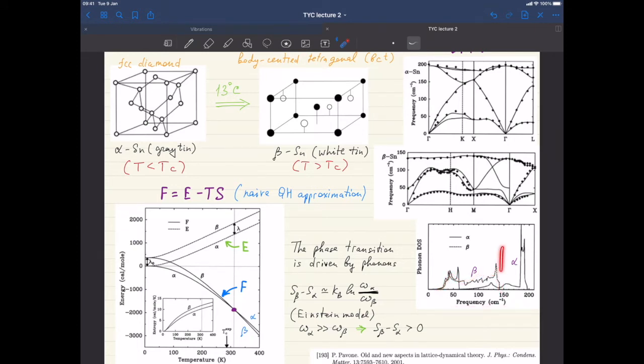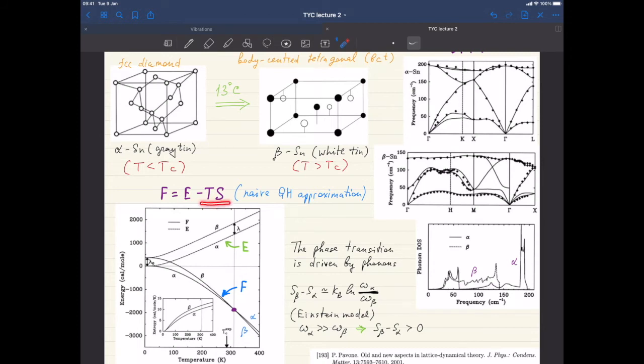It ends somewhere here, and alpha-tin has huge vibrations around 200 inverse centimeters. Correspondingly, if you calculate the contribution to the free energy of these vibrations, it appears that because of these higher frequencies for the alpha-tin, the entropic contribution to the vibrational free energy for the beta-tin is much larger than for the alpha-tin.